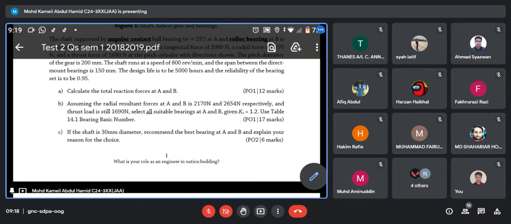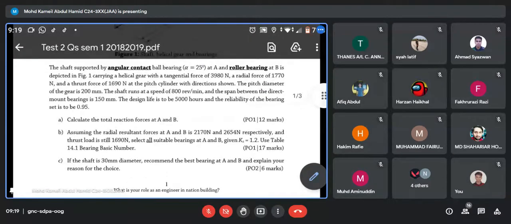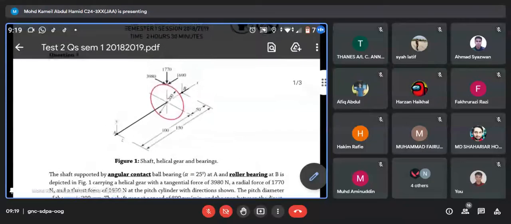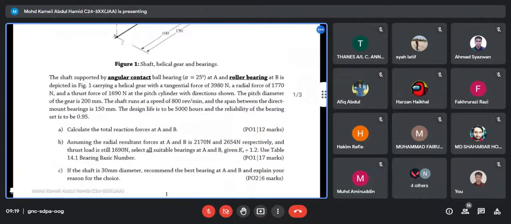FR is given 170. FT from the question, 1690. That is your FT.